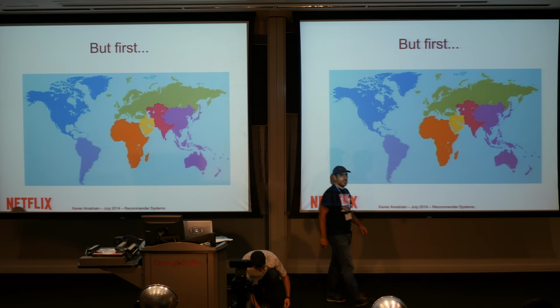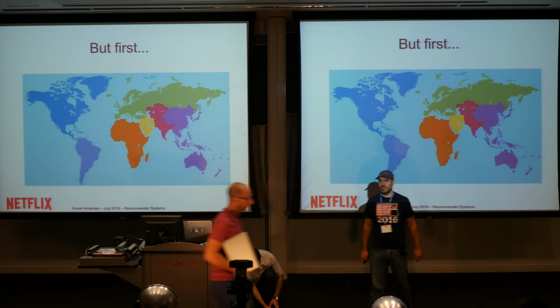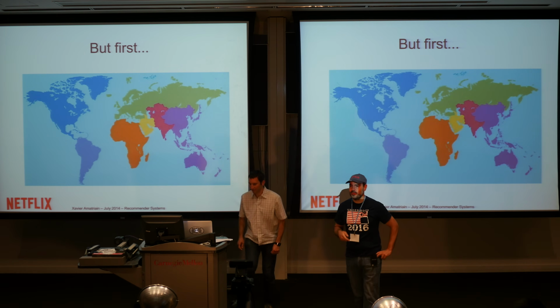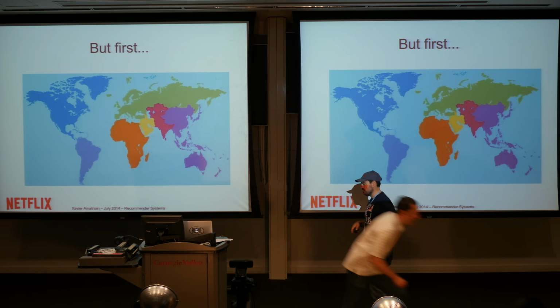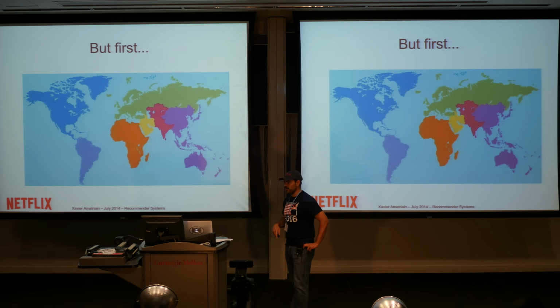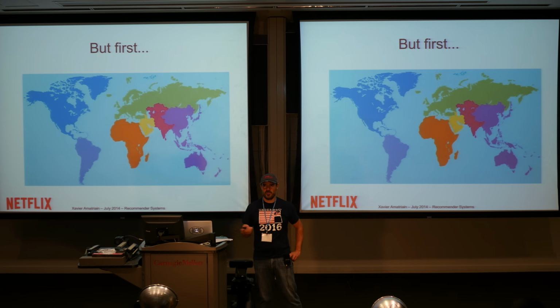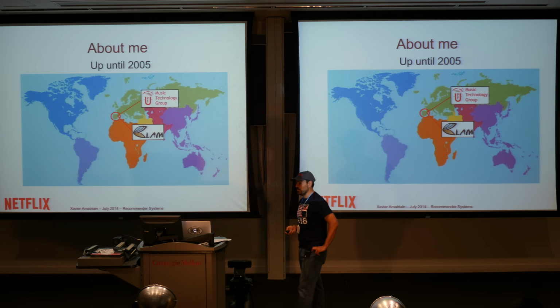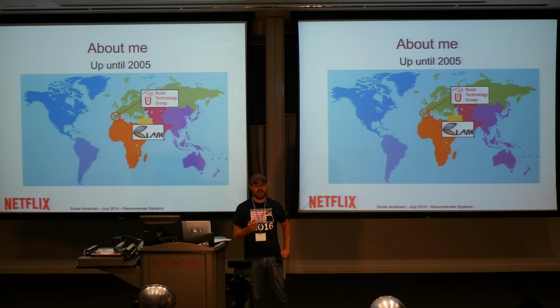First of all, I thought I would get started by telling you a little about who I am and how I got to be at Netflix and work on recommender systems, which is kind of a long story. I've been doing research for almost 20 years now. I'm originally from Barcelona, Spain, which is why my name, Xavier, is a little complicated to pronounce.